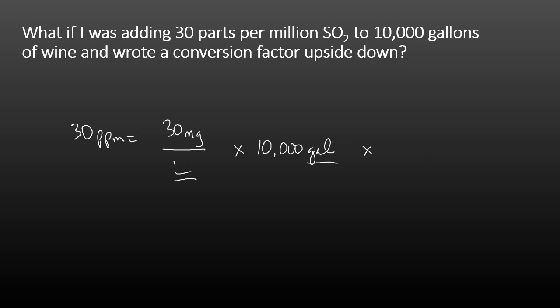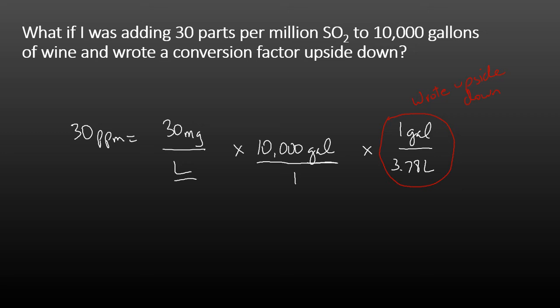So what if I wrote my conversion factor as 1 gallon per 3.78 liters? Well, hopefully, when I cancel my units, I would catch the fact that I wrote this conversion factor, gallons to liters, upside down. So hopefully I would catch it when I canceled units, all right?